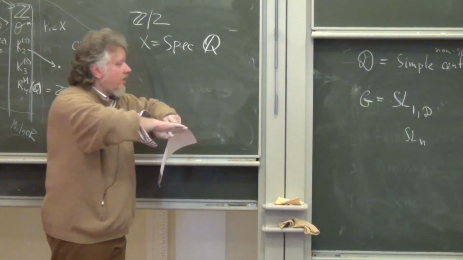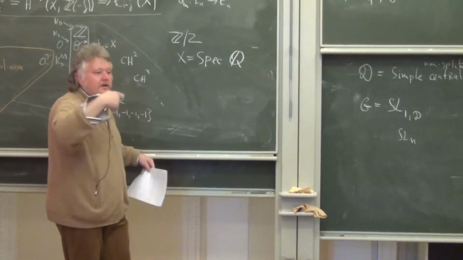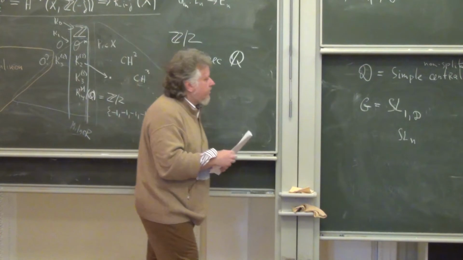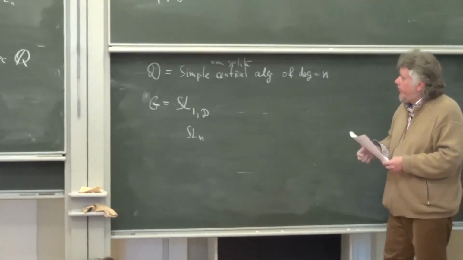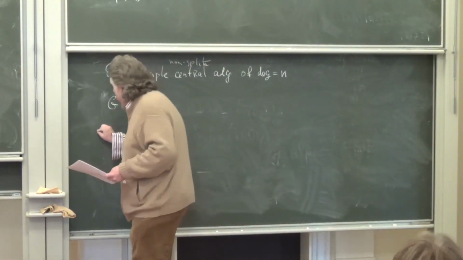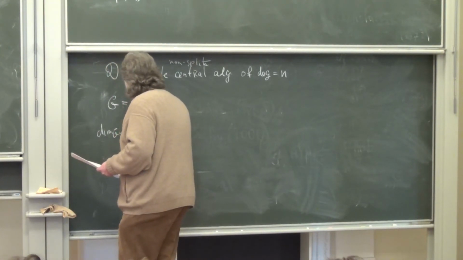But when we consider the whole variety, we get a variety which is denoted SL1(D), and this is called a form of SLn. And one can actually check that the dimension of G is n squared minus 1.